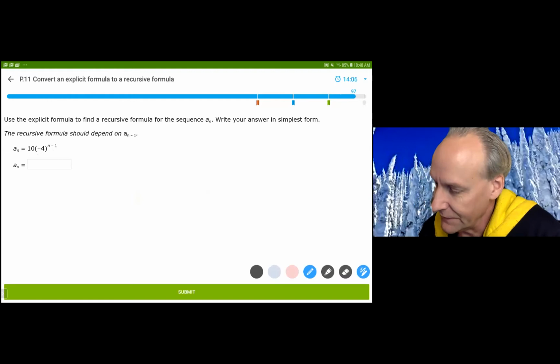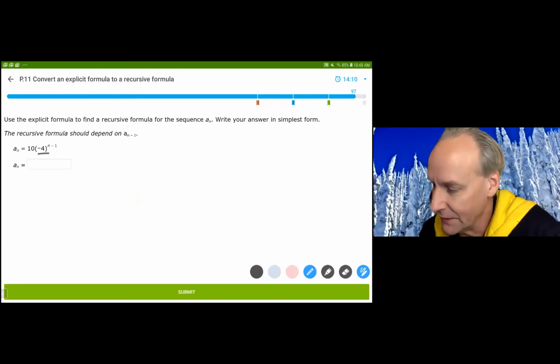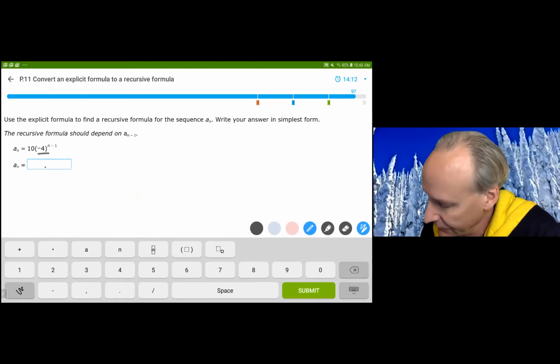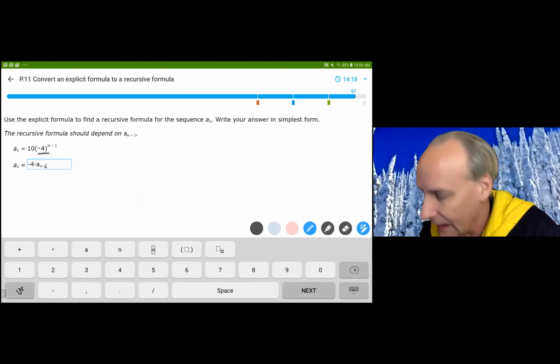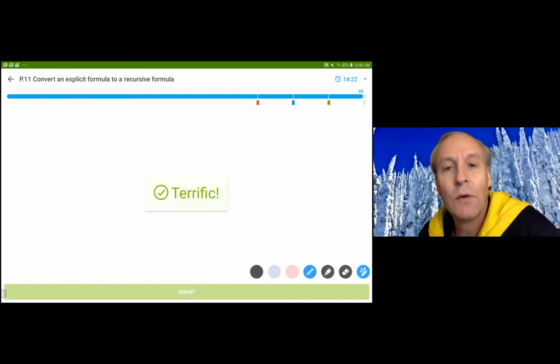Common difference is -4, but it's getting multiplied, not added or subtracted. So it's -4 times a to the n minus 1. Oh, a n minus 1. There we go.